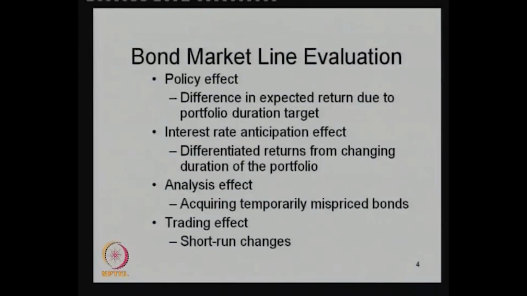If, because of certain policy changes, the market interest rate changes, then there is a difference in expected return, because the portfolio duration will change. His target was to reach 10 years duration, but now the 10 years duration will not fulfill his requirement, because the market interest rate has changed.